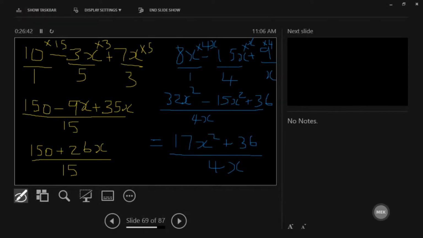And then you combine the numerators if you can, group the like terms. If you can't, just write it back as is. And when you get your final answer, see if you can simplify it by canceling. But remember, if you have 2 terms at the top and 1 at the bottom, you can only cancel if you find a number that can go into all 3 terms. Or if you have 2 terms at the bottom and 1 at the top, same thing. You can only reduce it if you can find a common factor for all 3 terms.